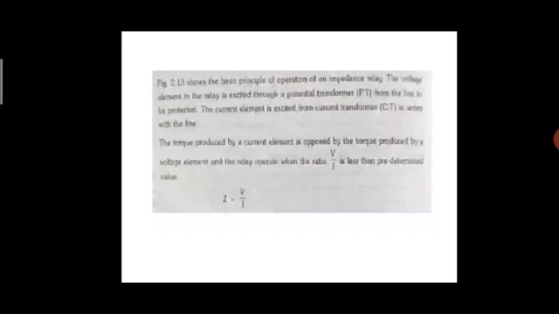See the diagram. The basic principle of operation of an impedance relay: the voltage element in the relay is excited through a potential transformer PT from the line to be protected. The current element is excited from a current transformer CT in series with the line.